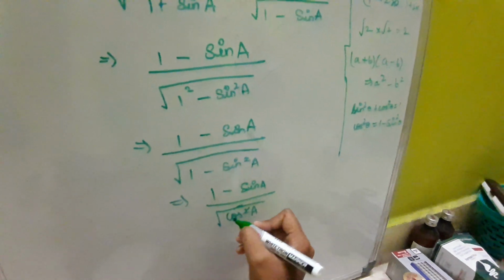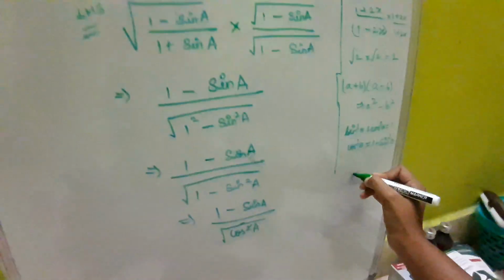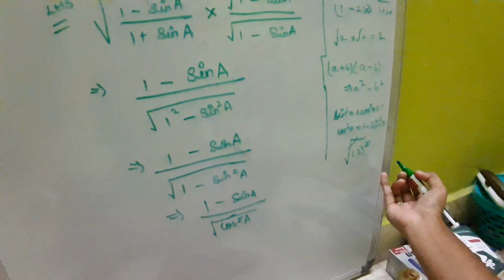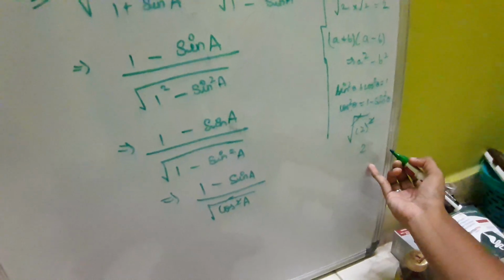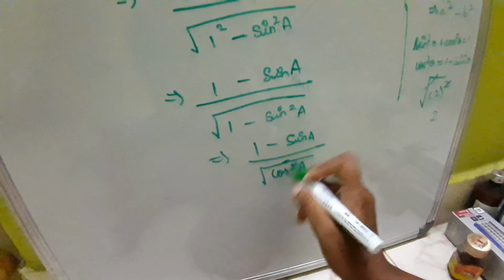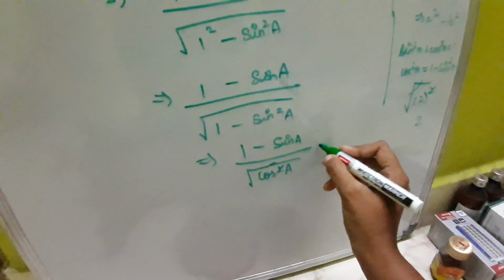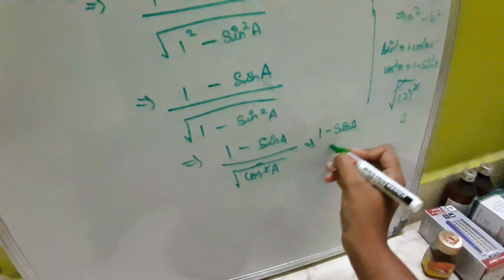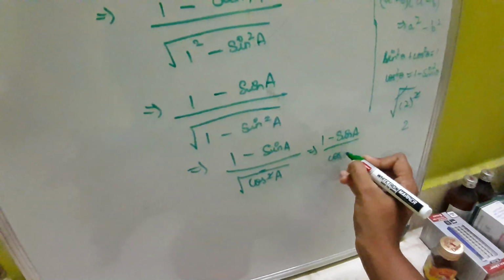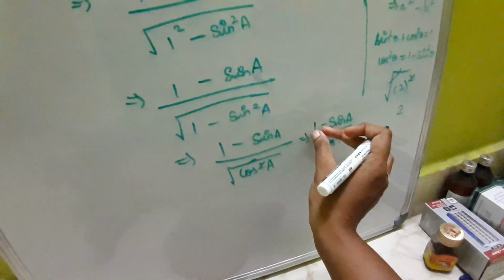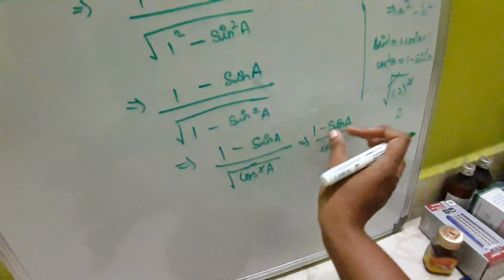The square and the root get cancelled, right? Like root of 2 the whole square, the root gets cancelled and the 2 remains. By the same logic here, the root of cos square A, the square and the root get cancelled, so there will be remaining 1 minus sin A divided by cos A. Okay, now I am splitting the numerator over the denominator, cos A, into 1 and sin A also.